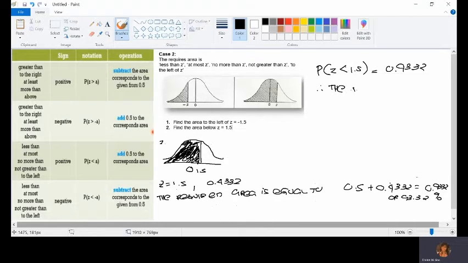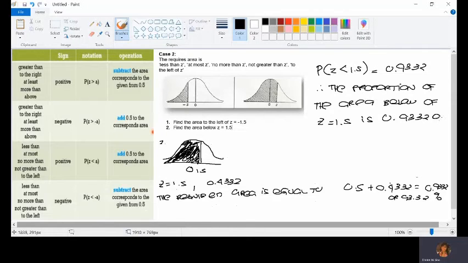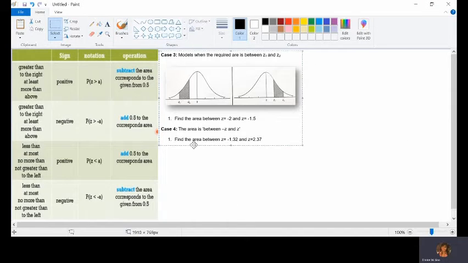Therefore, the proportion of the area below z equal to 1.5 is 0.9332 or 93.32%. For our case number 3, this is when the required area is between Z sub 1 and Z sub 2.